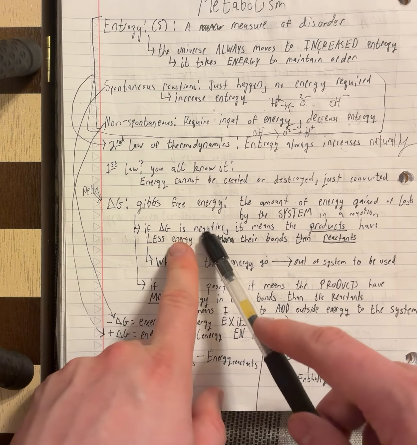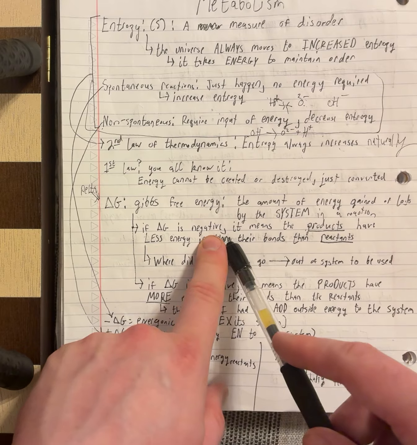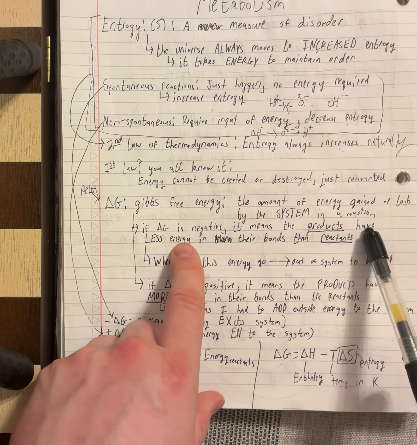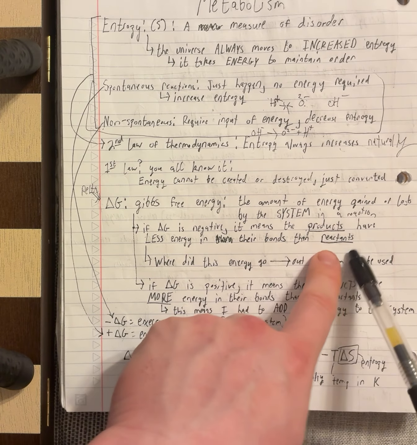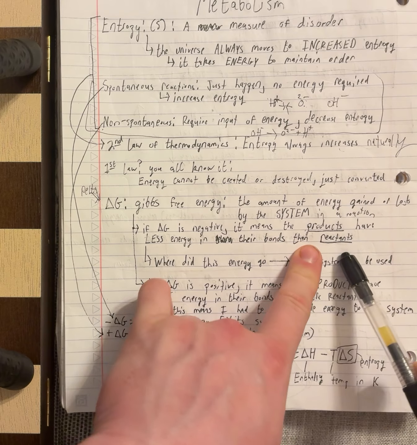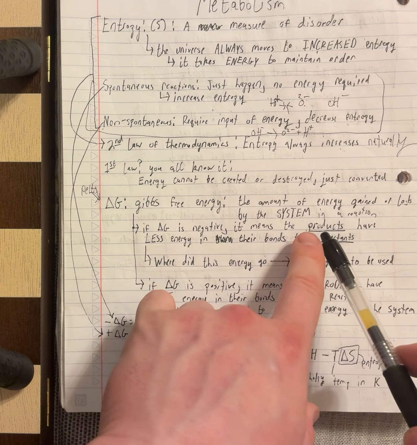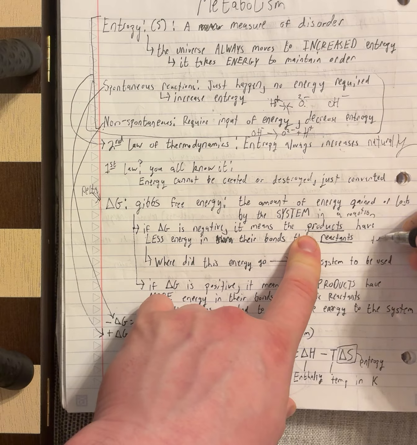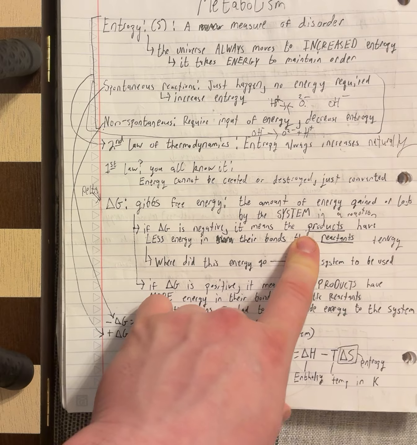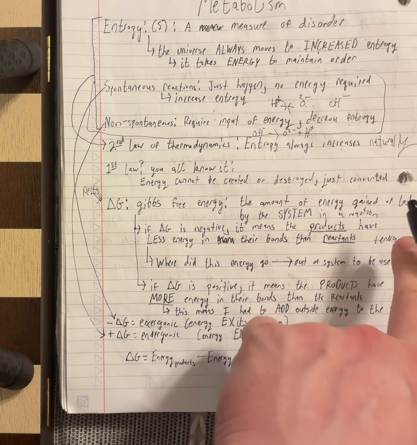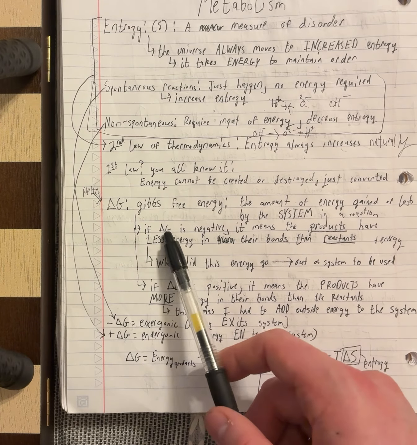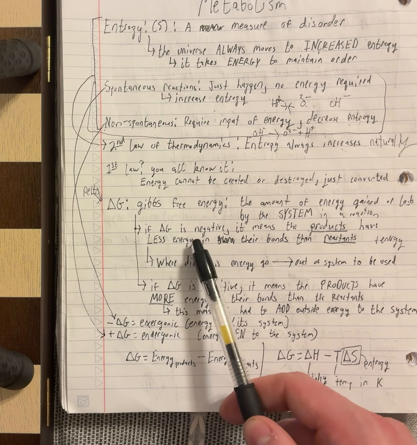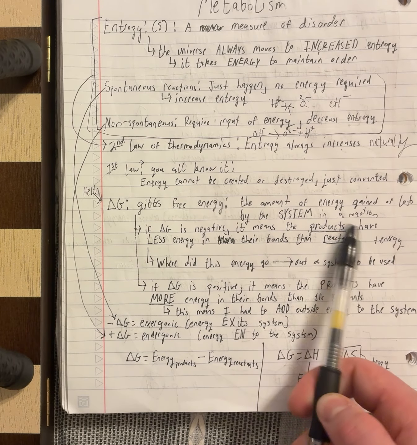So if delta G is a negative value, that means that the products have less energy in their bonds than the reactants do. The products are also going to have some energy, but that energy is going to leave the system. So negative delta G is always going to be energy being released.